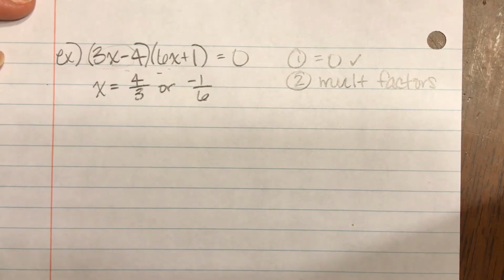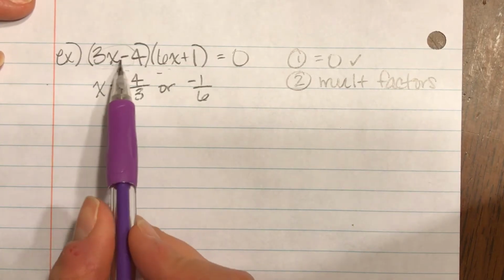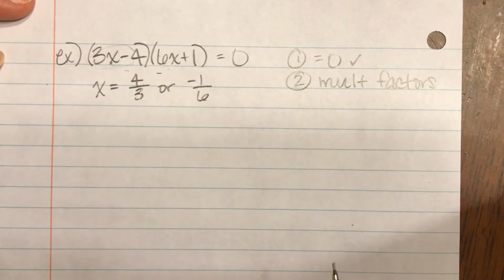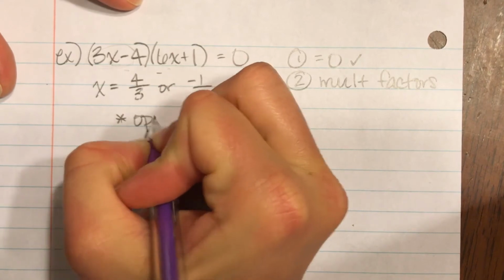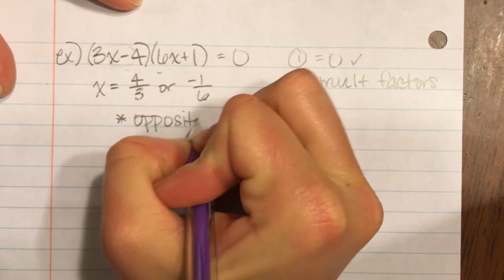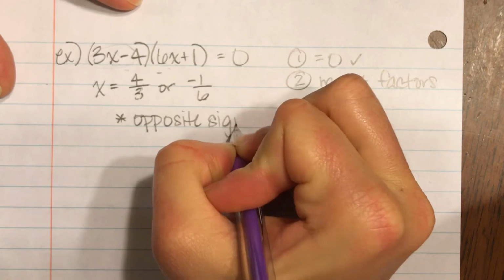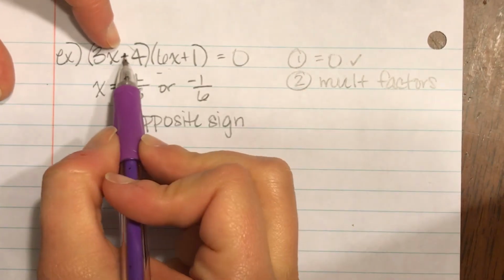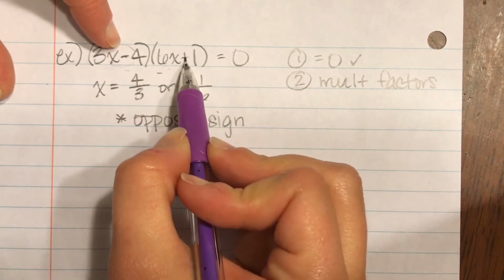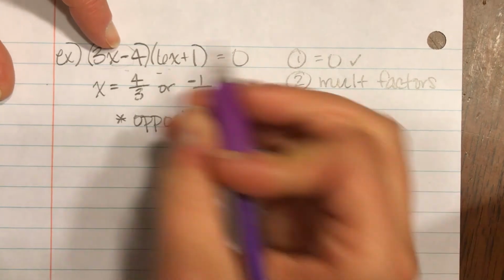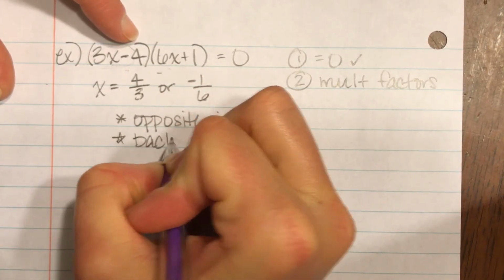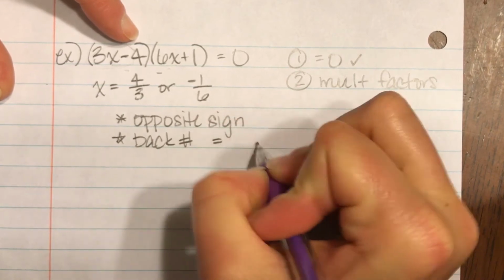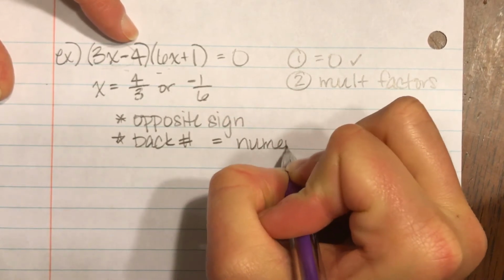Again, if you didn't see the pattern in the last two examples, see if you notice the relationship here, okay? It's hopefully pretty clear. You take the opposite sign, so negative 4 becomes positive 4, positive 1 becomes negative 1. Then the back number equals the numerator.